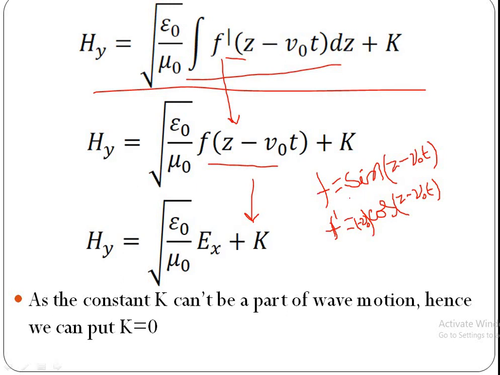So this f is a function of z and t. Here we are differentiating this with respect to t, then we are getting minus v naught into cos of z minus v naught into t.